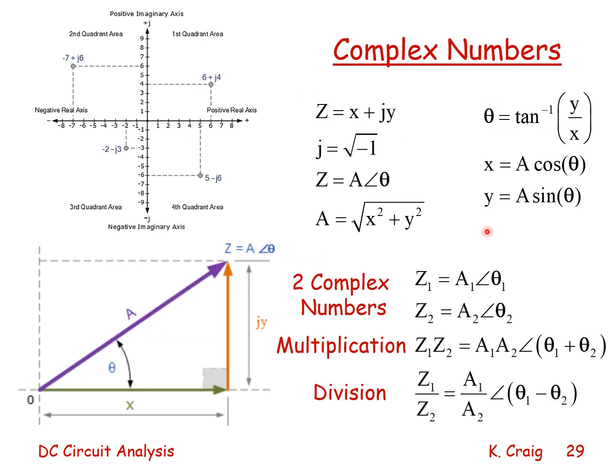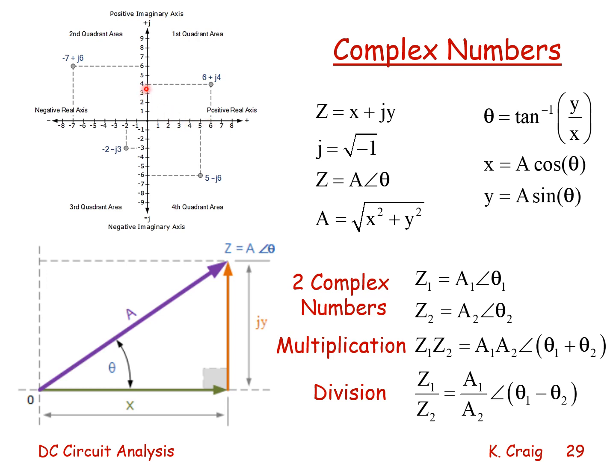We will have the occasion to use complex numbers in our analysis. In the XY plane, here we see the positive real axis and the positive y-axis, which we now call the positive imaginary axis. We can locate any point in this plane by two coordinates, a real coordinate and an imaginary coordinate.